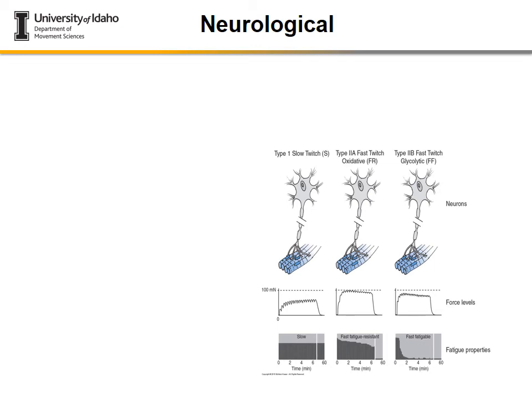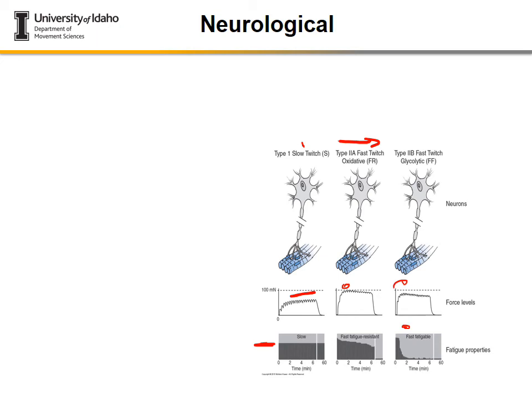What I want you to know for this class is that the slow twitch type produces a lower force level, but is very fatigue resistant. So they have a slow fatiguing characteristic. As you move more towards the fast twitch glycolytic, you increase in your force production, but you also increase in your fatigability.